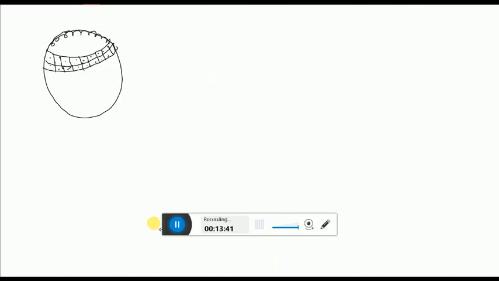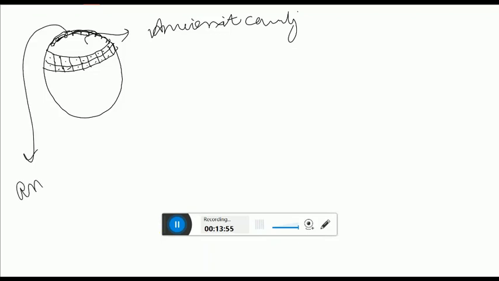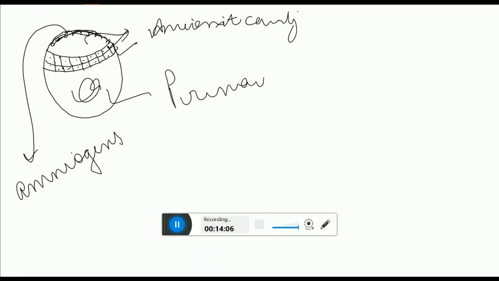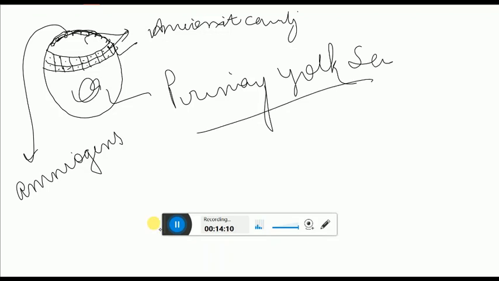See, this cavity is the amniotic cavity. These layers of cells are called amniogens. This is epiblast, this is hypoblast, and this cavity is the primary yolk sac.